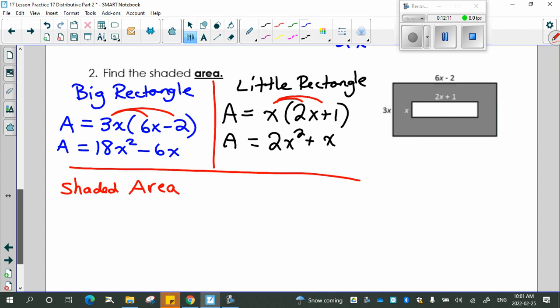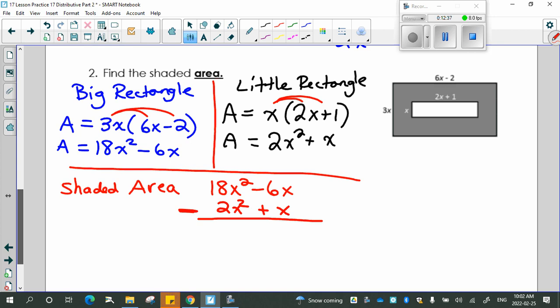Here's the area of the big rectangle. Here's the area of the little rectangle. Now I'm going to show you how to get the area of the shaded rectangle. So I'm going to take the big one and subtract the little one.